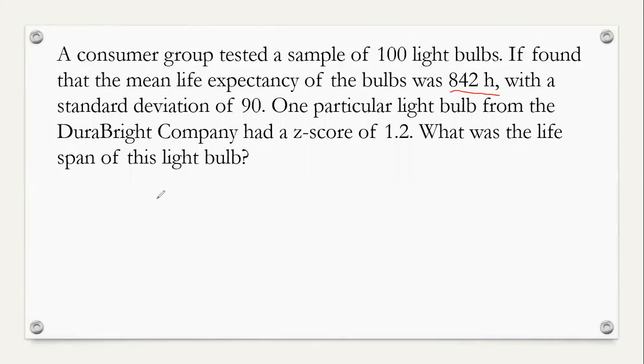Yun yung mu natin. Mu equals 842. And then what is this 90? The 90 is the standard deviation, yung sigma notation natin, 90. And very clear that the z-score, the z, is 1.2.